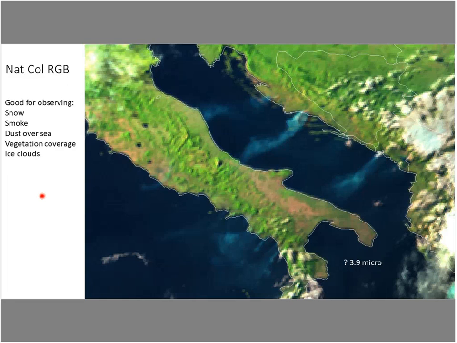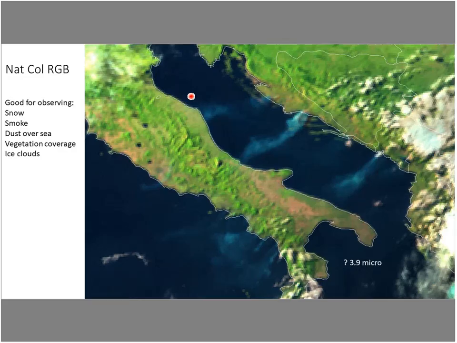The 3.9 micro channel is an infrared channel, and as I explained in some forum exercise that we had, infrared channels do not distinguish sea from the land so clearly, but here we see that the land is clearly distinguished from the sea, and basically we don't see those hotspots that we had before in the 3.9 channel. So the answer is no. We will come back to the recipe for the natural color RGB in a moment.